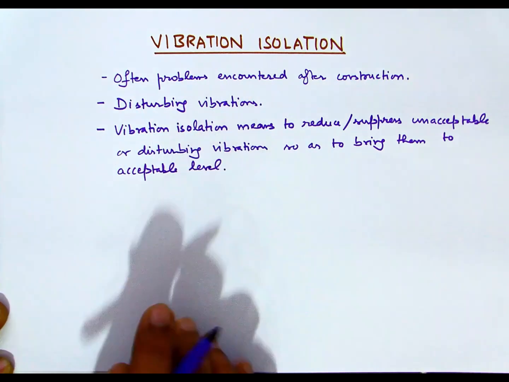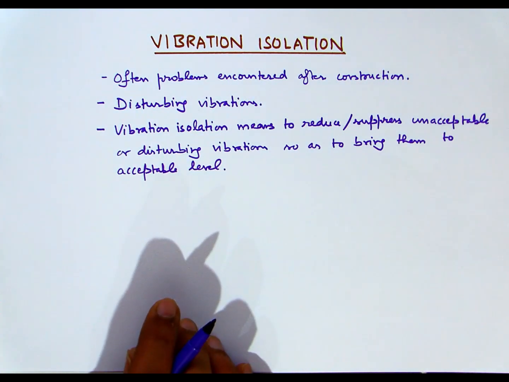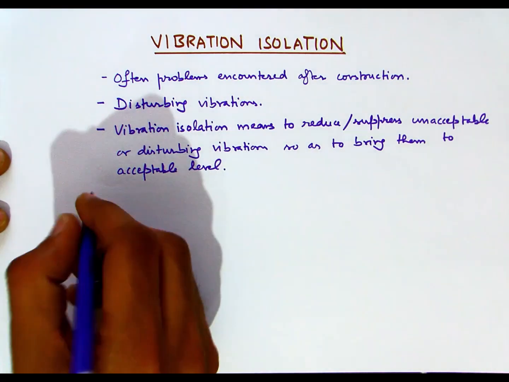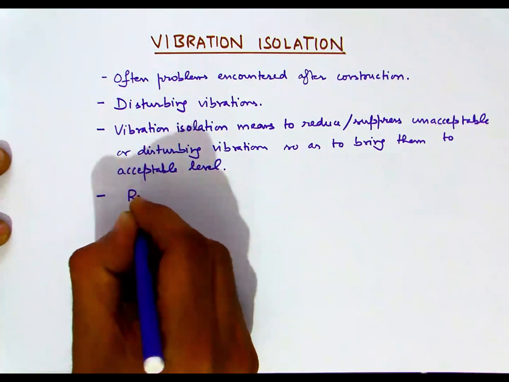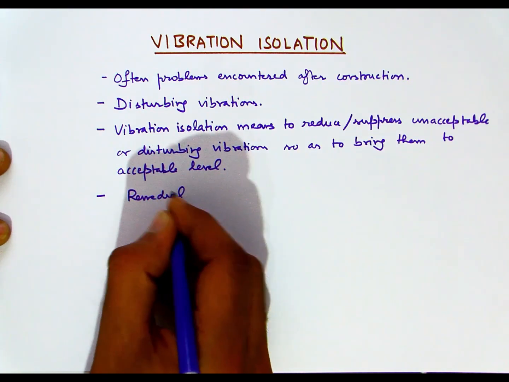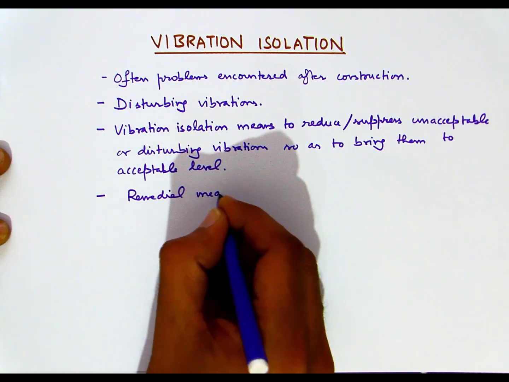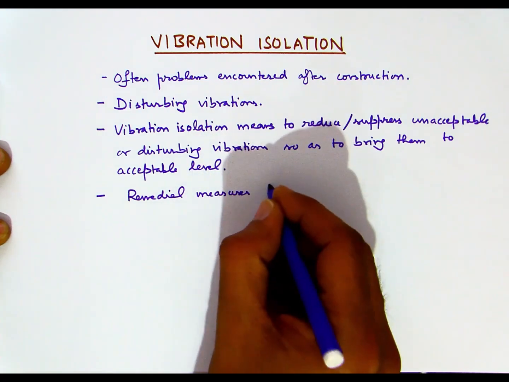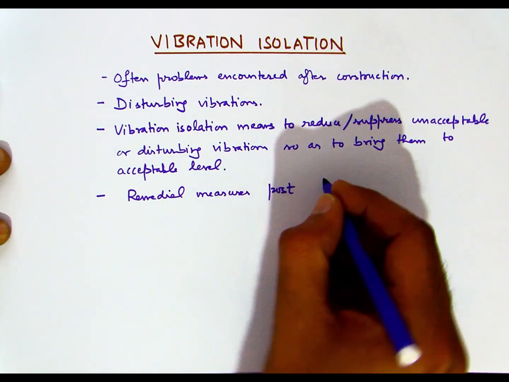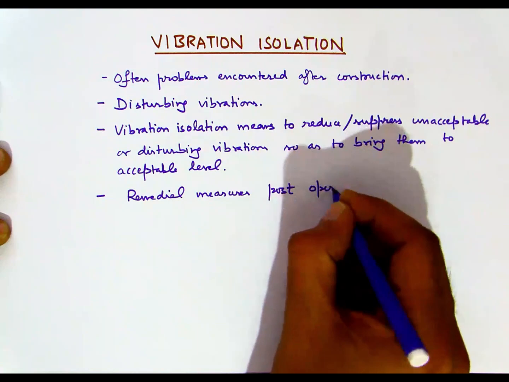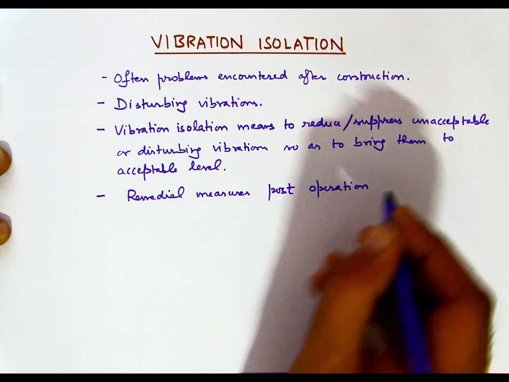So the vibration isolation which we are talking about today basically refers to post construction. So in this lecture we are basically talking about the remedial measures which can be applied post construction and the beginning of the operation of the machine.